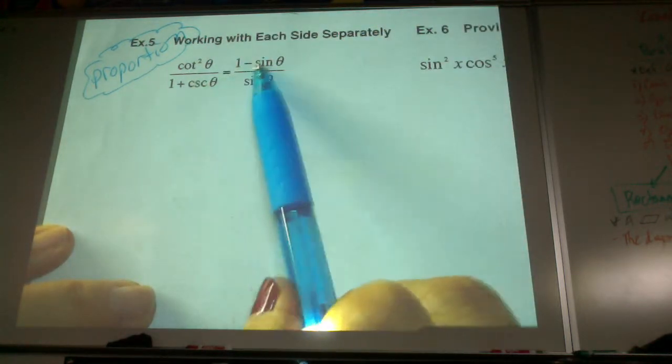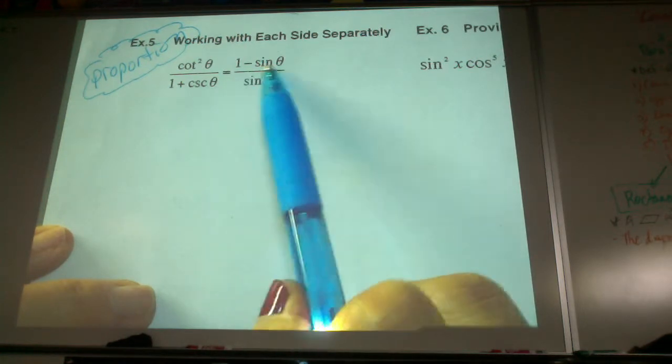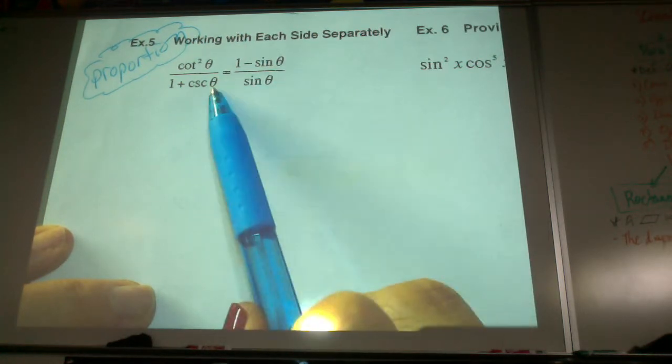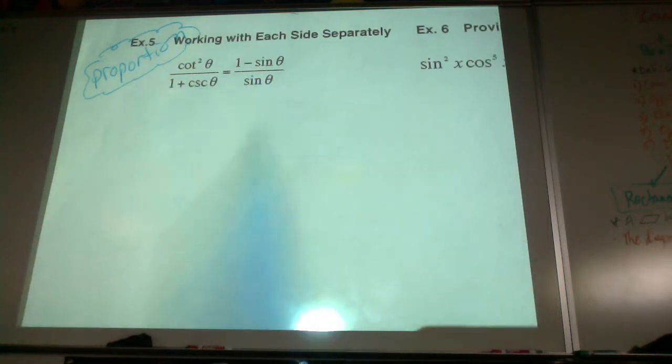Here, it almost looks like the difference of 2 squares factor pattern because it's got a plus minus, but do cosecants and sines typically go together? No, definitely not with a Pythagorean identity. I know that sine and 1 over cosecant are reciprocals of each other, but it's not going to do us a lot of good here to multiply that out. So I'm probably not going to cross multiply, but that is a possibility with a Pythagorean or with a proportion.